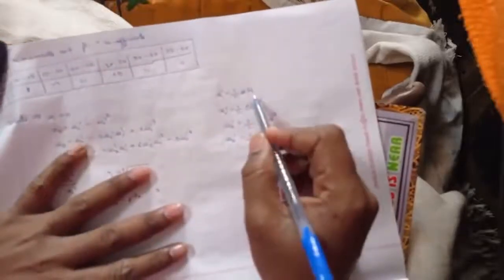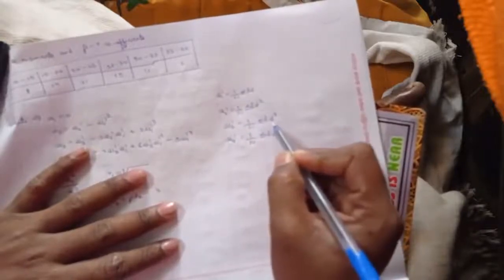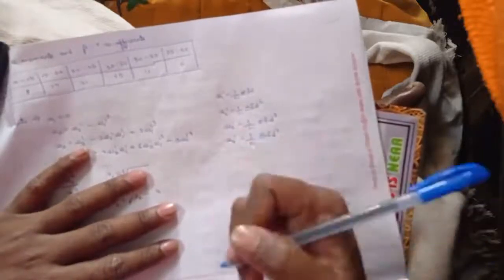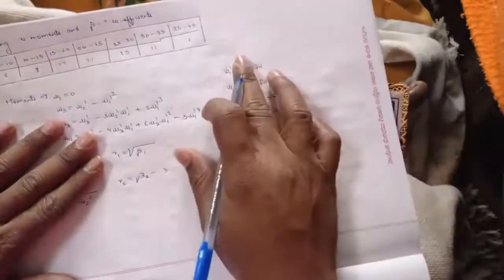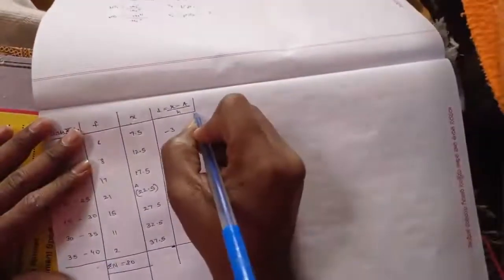Let us move to the four required columns. We have to calculate fd, fd square, fd cube, and fd to the power 4 to get the required moments. The screen is clear, right?